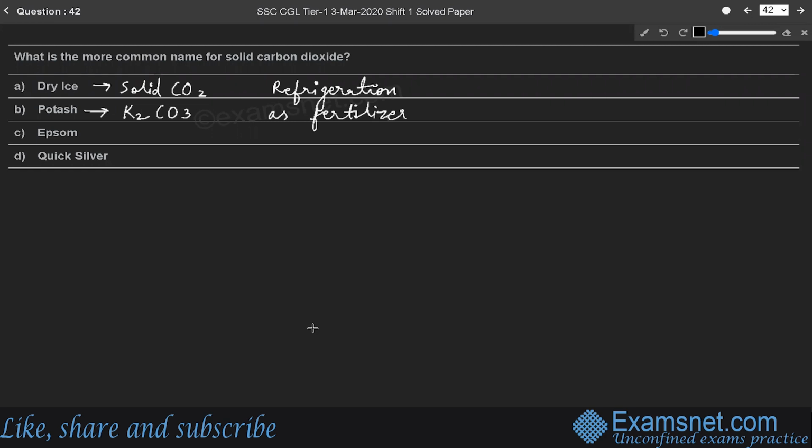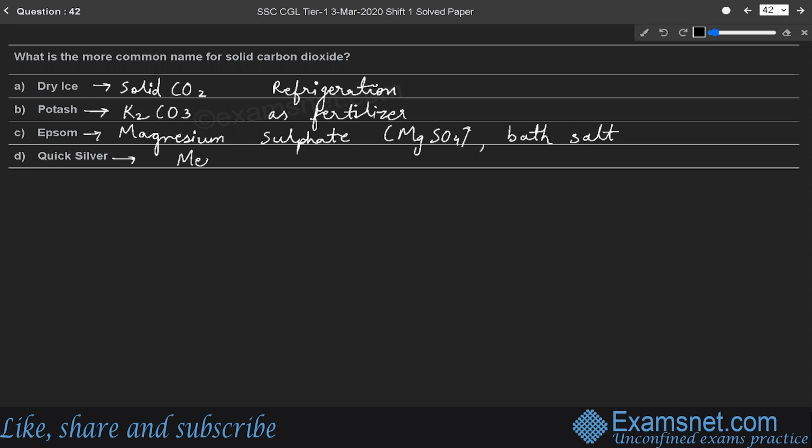Next option is Epsom. Epsom is magnesium sulfate. And the chemical formula is MgSO4. It is also known as bath salt and it is known for its curing properties. It also relieves muscle stress. Last option is quicksilver.